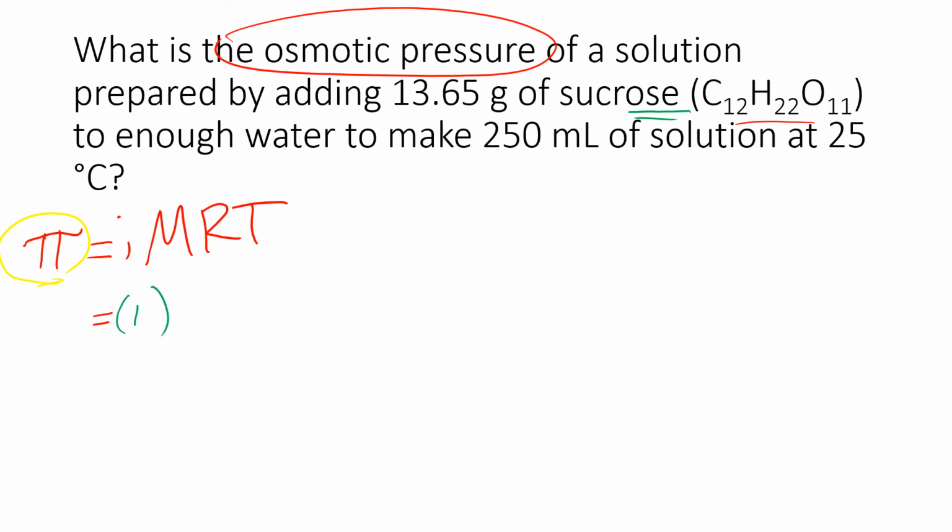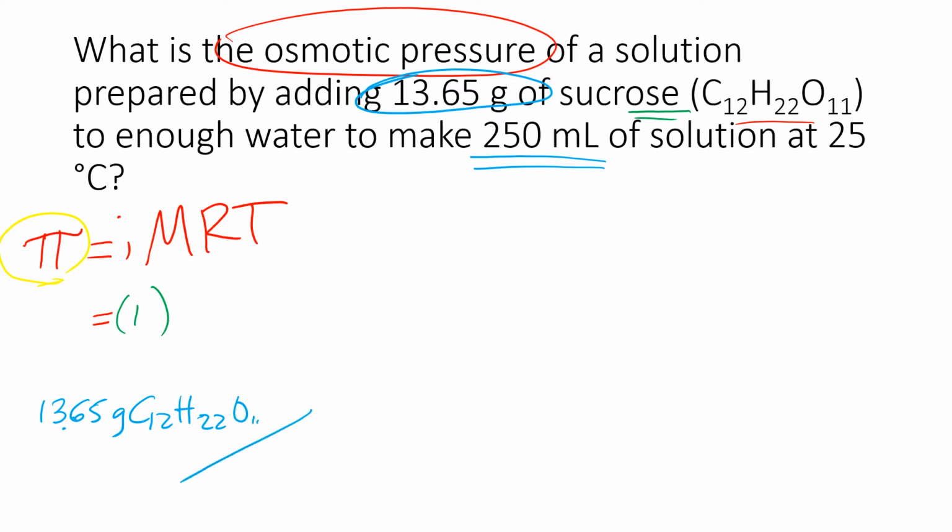Molarity. I have to convert these grams into moles and divide by this volume, but I have to convert that to liters. So 13.65 grams of C12H22O11, divide that by the molar mass, which is going to be 12 times 12.01 plus 22 times 1.008 plus 11 times 16.